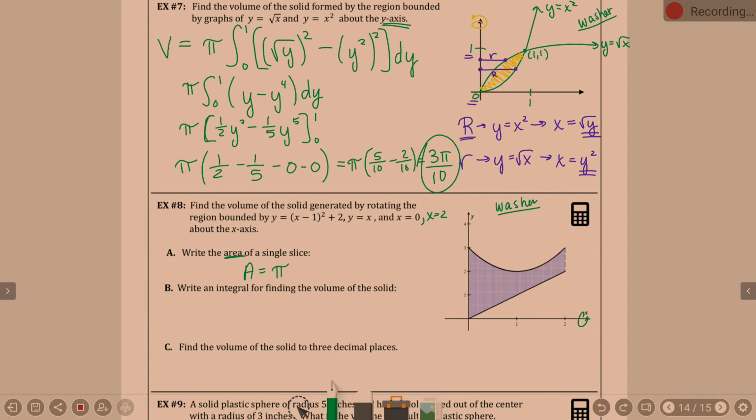If we're just thinking to do area of that single slice, we're going to be doing the pi r squared, right? So we've got the pi. What are my r's? What's big R? Farther one away, yes, as opposed to little r.